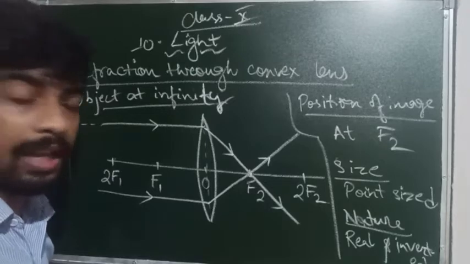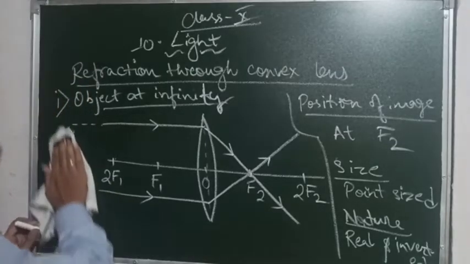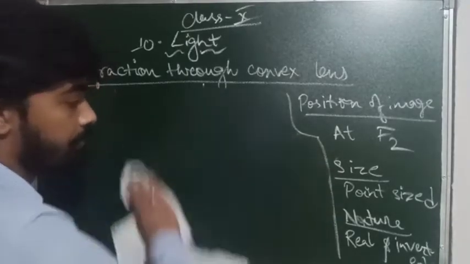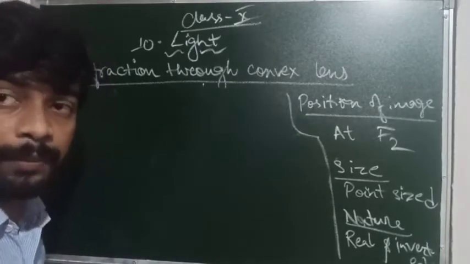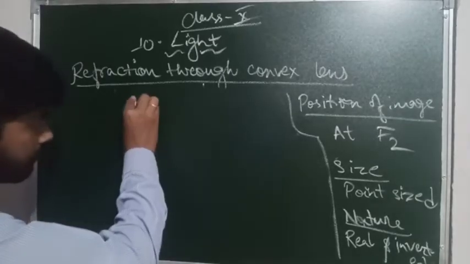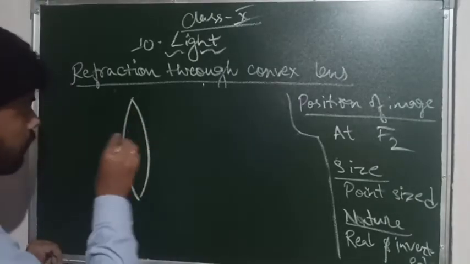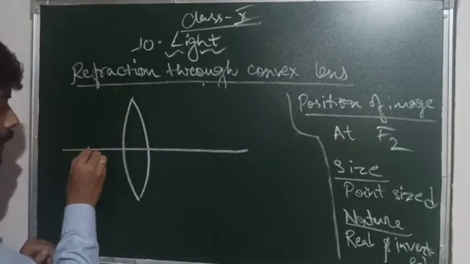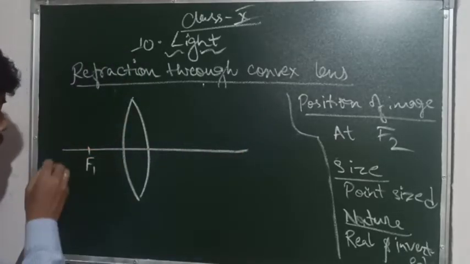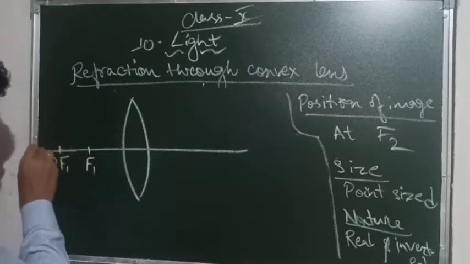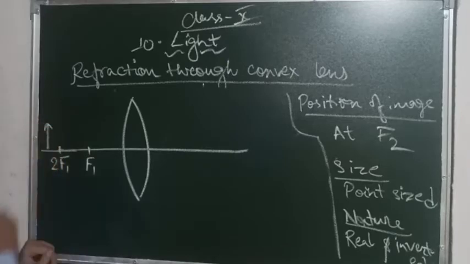Now the next position, when the object will come little bit closer. At first the object was at infinity, now the object will come little bit closer to the lens. Let it be f1. This is 2f1, and the object will be beyond 2f1.